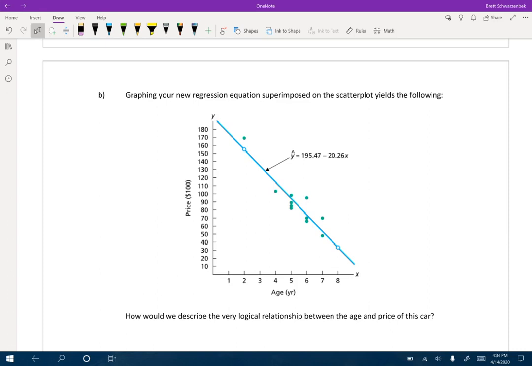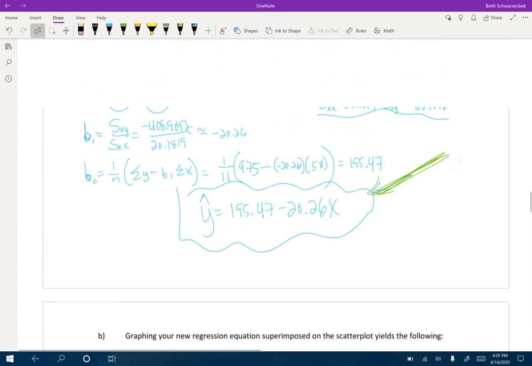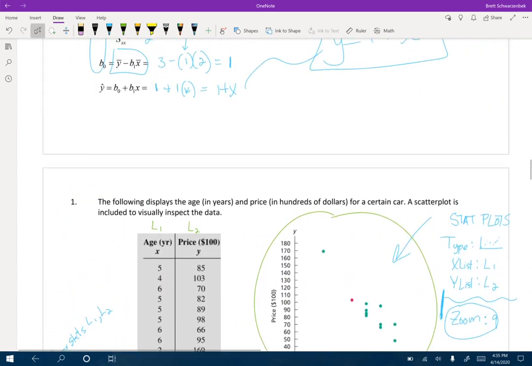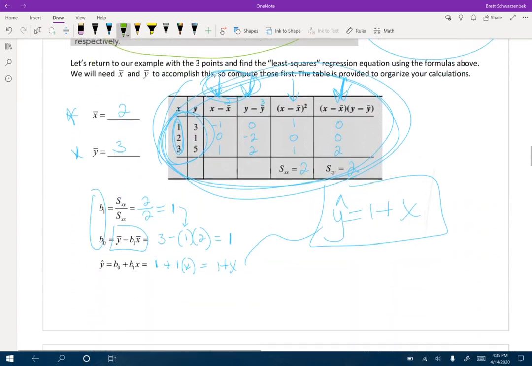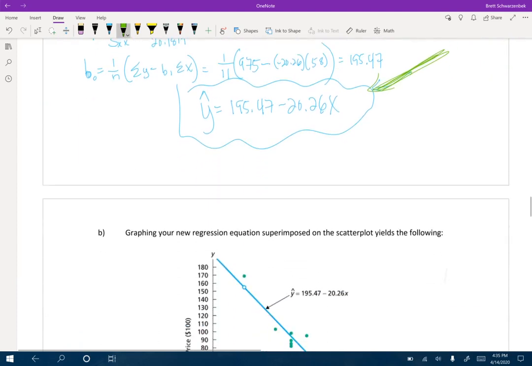The line is going through the points pretty accurately, and according to our calculations, this fits the least squares criterion. It produces the least sum of squared errors. Did we calculate those sum of squared errors? No, but we didn't need to, because these formulas that we use in order to calculate the equation have that built into them. So we now know that this is our least squares equation.